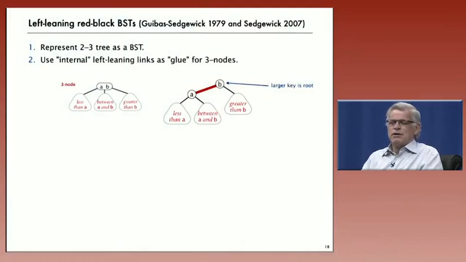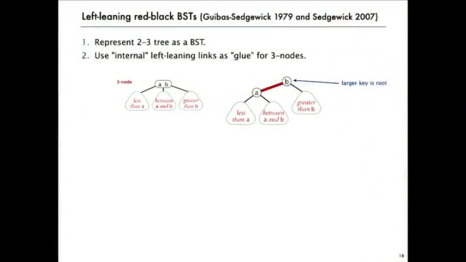So the idea is that we are going to represent every 2-3 tree as a binary search tree. And in order to get that done, we just need a simple representation for 3 nodes. So what we're going to do is use internal left-leaning links to glue the 3 nodes together.